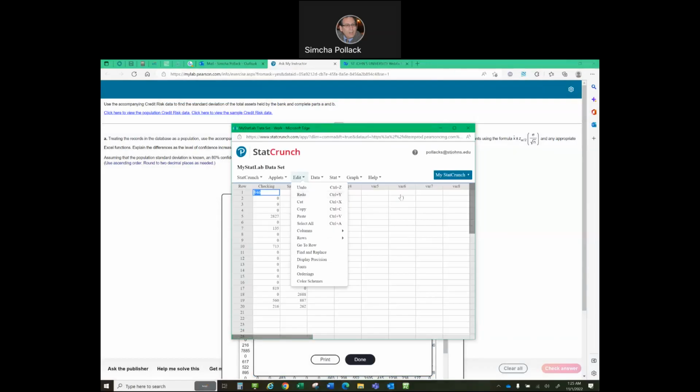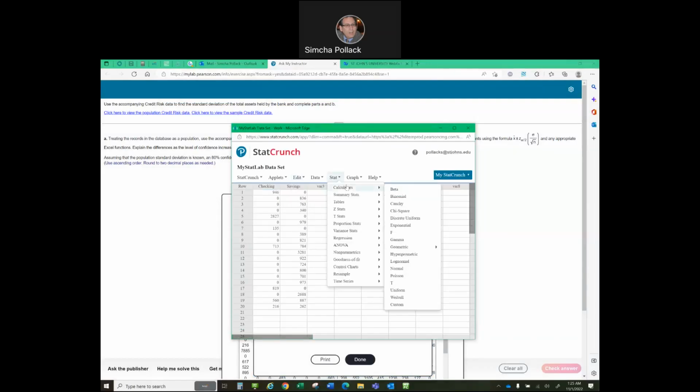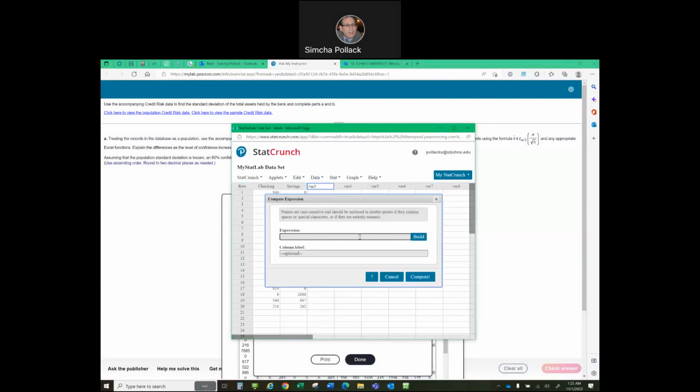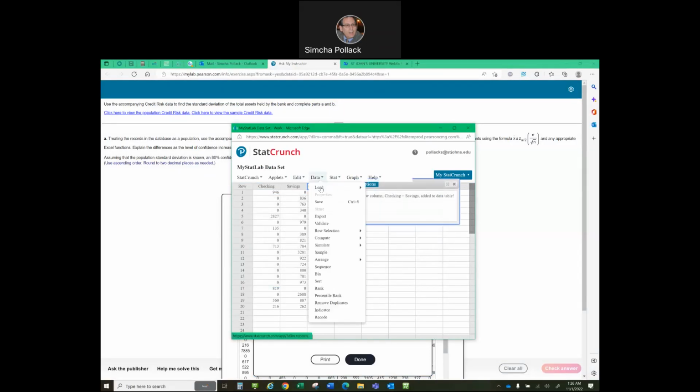Again, we can create a variable called data, compute, expression, and the expression is checking plus savings. In this case, we would simply add them together. Compute, we have our column.